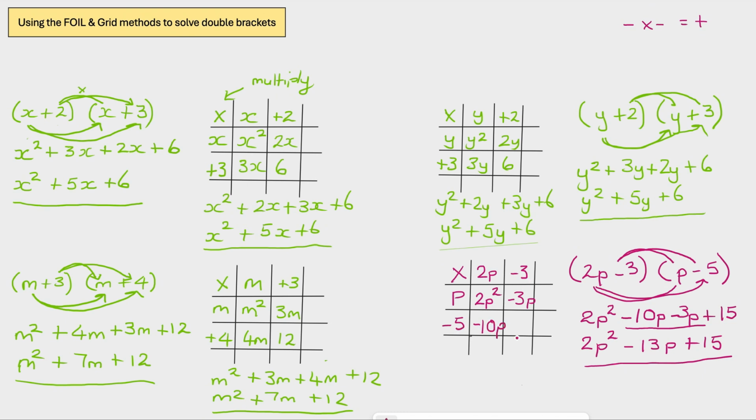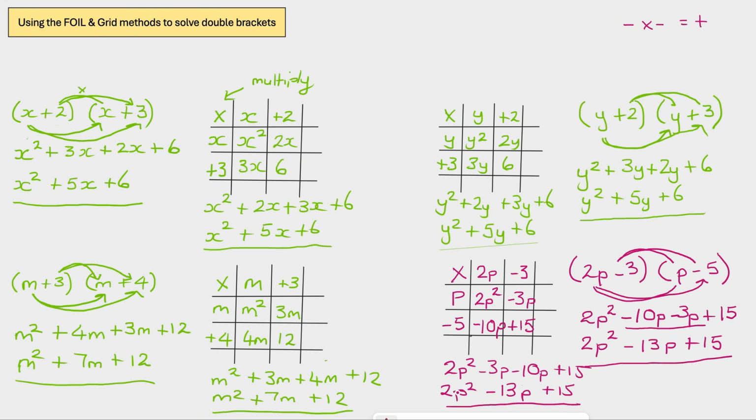And minus 5 times minus 3 is plus 15. Tidy it up. 2p squared minus 3p minus 10p plus 15. Collect like terms, so that becomes minus 13p plus 15. Exactly the same answer.